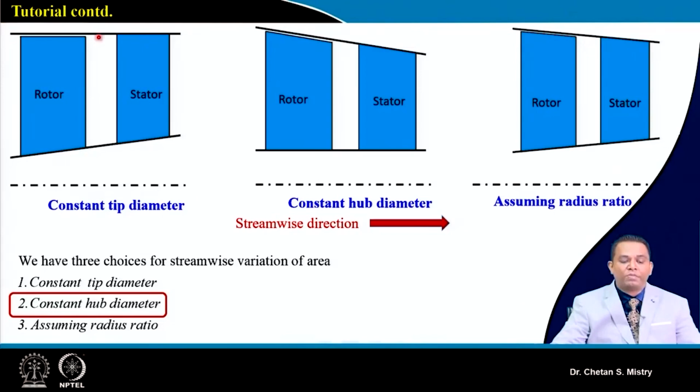In that, our tip diameter remains constant, and as we know our expected pressure ratio is in the higher range, 1.63. That means we will have our exit dimensions different, because we are planning to satisfy the continuity equation.